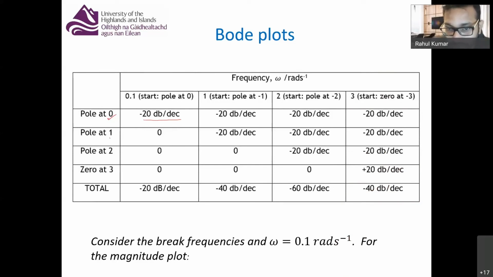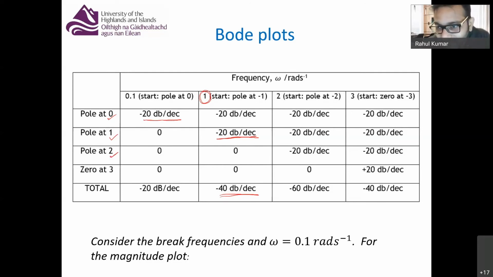And since you have a pole at 1, your slope will change at 1 radian per second, right? Initially it was minus 20. At 1 radian per second, you have an additional slope of minus 20. So altogether, your final slope after 1 radian will be minus 40. Similarly, your next pole is at minus 2, but we are mainly concerned with the frequency here.